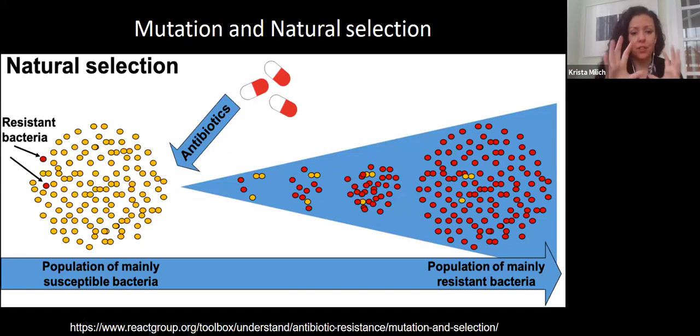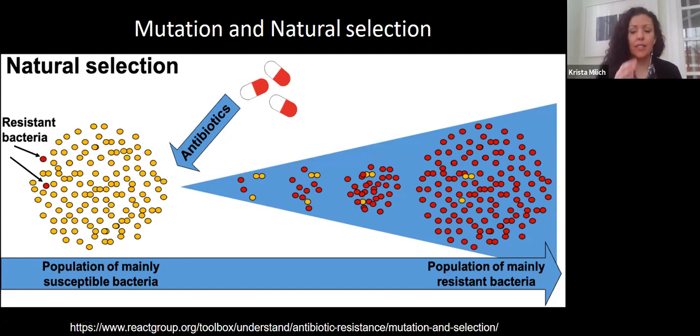So this figure shows you, for example, how when you have a normal, random population of bacteria, there will be some resistant bacteria in here. And remember, that's because variation exists in every population, right? So you have this variation within this population of bacteria, but then these antibiotics act as a selective force.